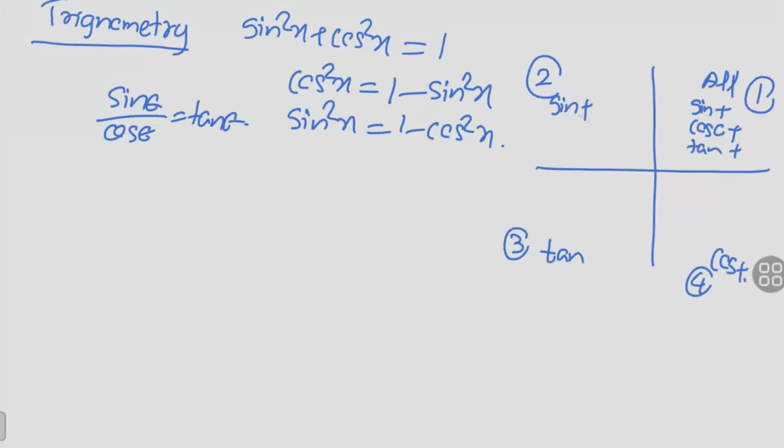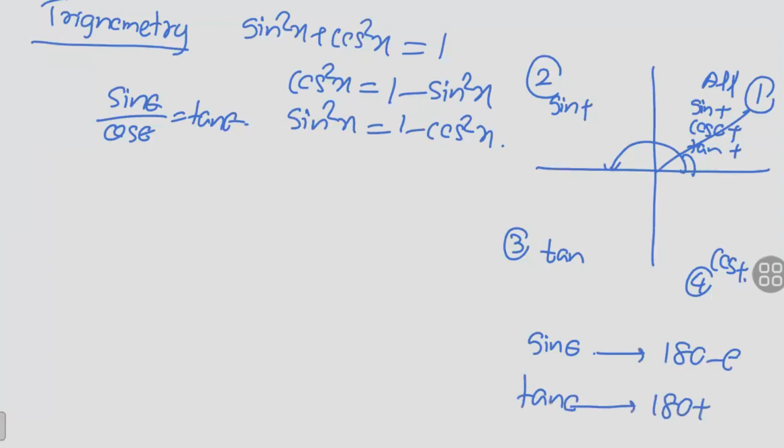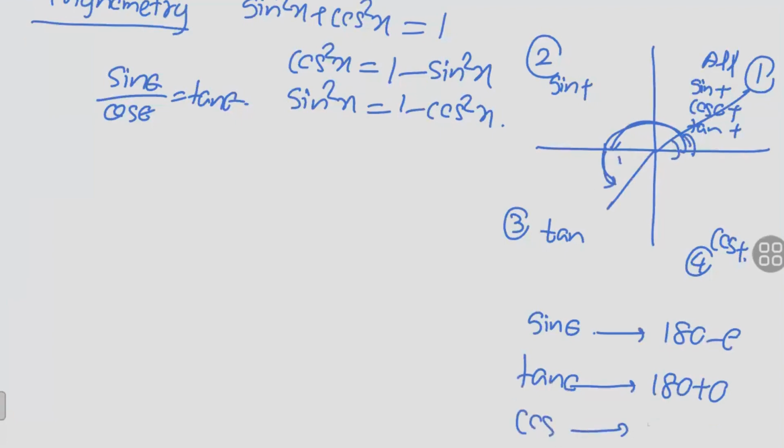Always the sin value, theta value comes, for the other value take 180 minus theta, because here the basic angle, this is 180 minus theta. Tan means 180 plus theta. Cos means 360 minus theta, right? Always when a negative value comes also, same way you have to take it.